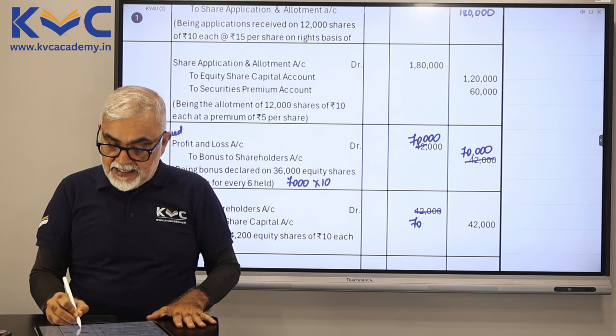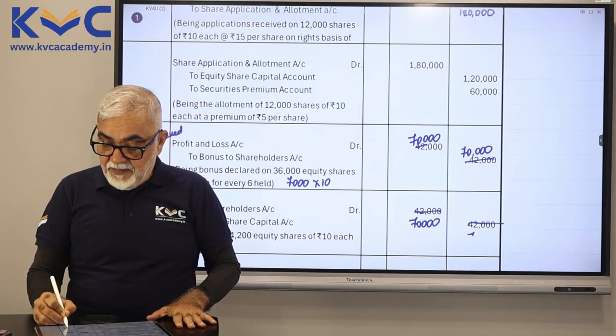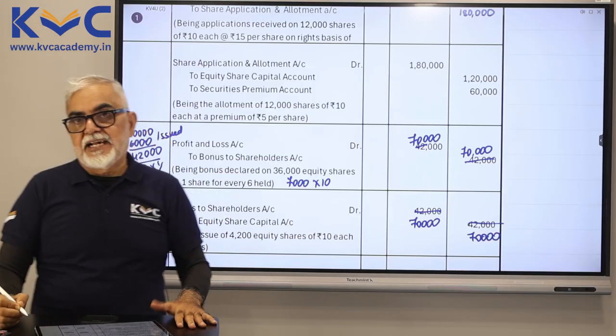So 70,000 will be given as bonus shares.